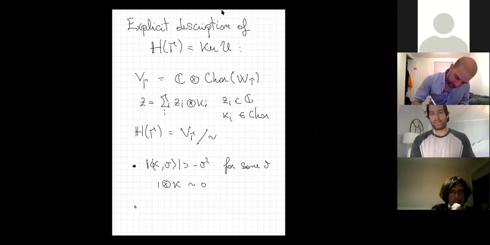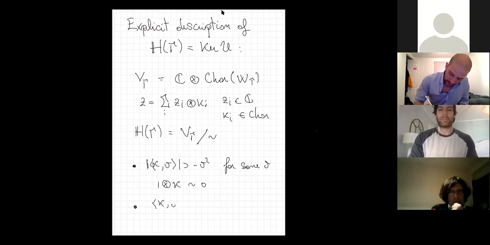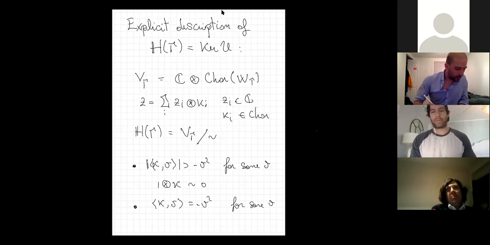And then there is another one. If a characteristic vector K evaluates over a vertex to minus v squared for some v, then we impose the following relation.